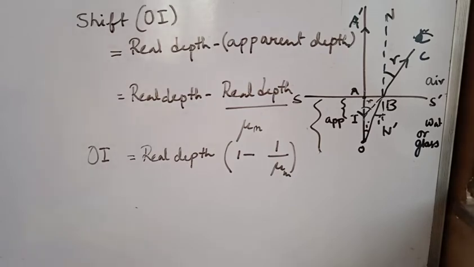So from this relation, as the violet light refractive index is more than the red one, the shift is more for violet light. So if we use a violet light and a red light, we will see that the violet light shows more shift than red light.